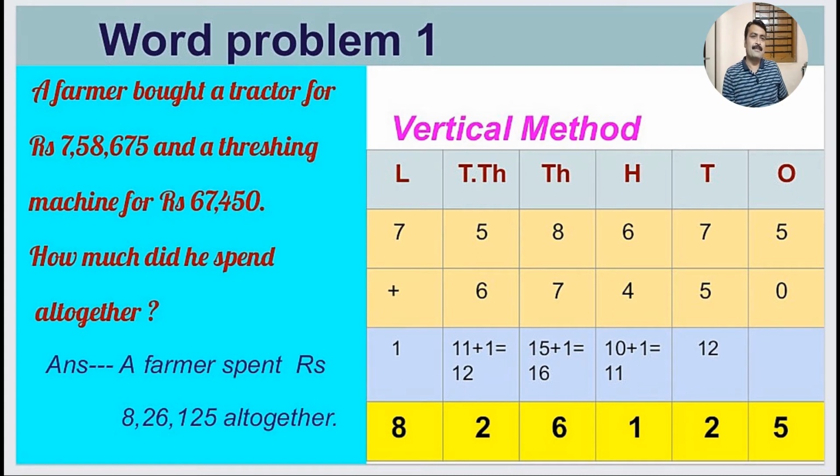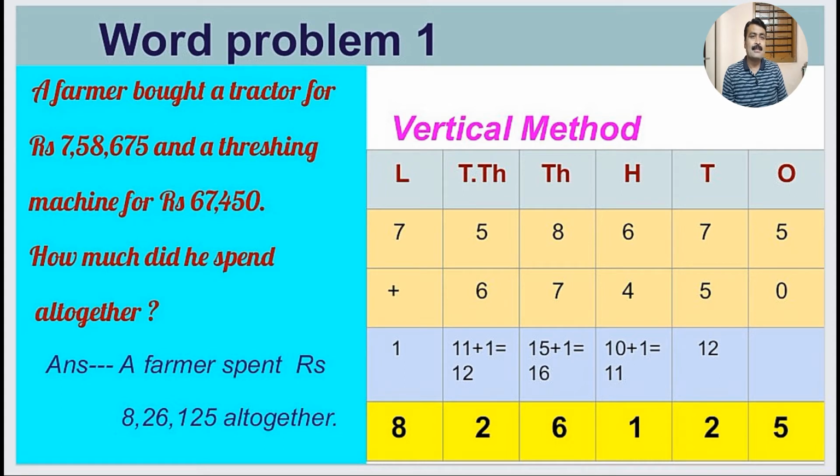That means after identifying the process of addition, at the right side I am making the vertical arrangement of the given 2 amounts. So let's look at the right side of the slide. The bigger number, 7,58,675, is a 6-digit number.